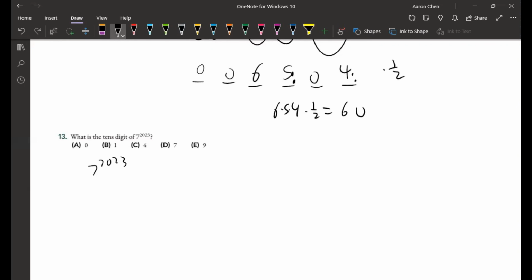There are 2 ways to do this problem. The first way is to know a certain theorem that basically says any a to the power of x, where it's mod 100, would just reduce this exponent x mod 40.